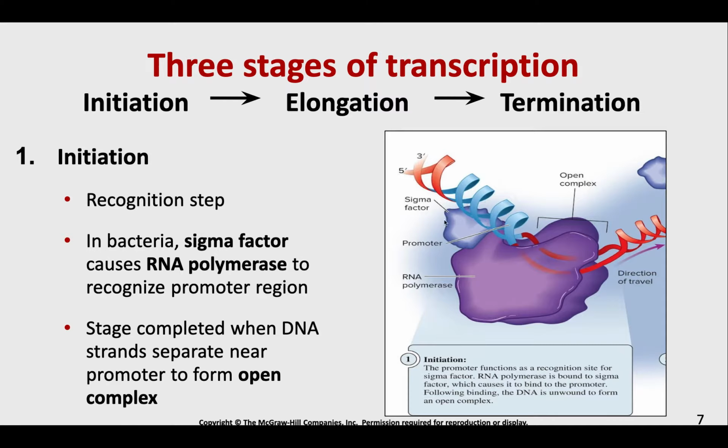The sigma factor binds to the RNA polymerase, which causes the RNA polymerase to recognize the promoter region. Remember, the promoter region is where we start transcription. This stage is completed when the RNA polymerase has bound to the promoter region and we have this open complex. We've separated the two strands of DNA.